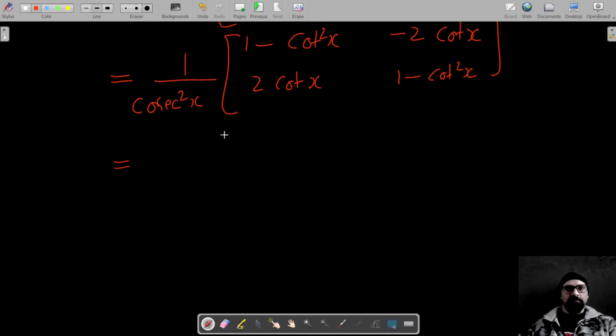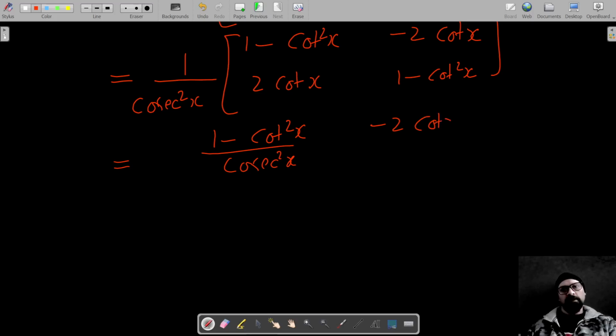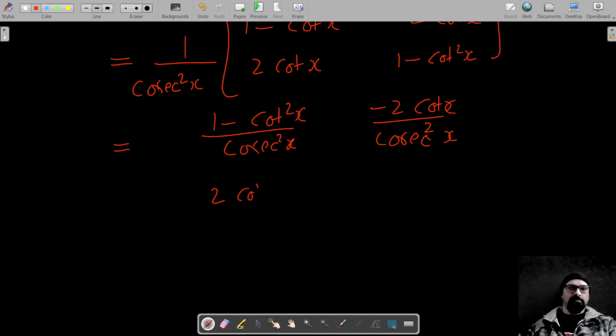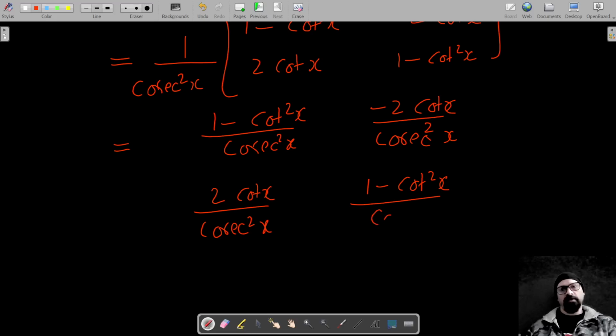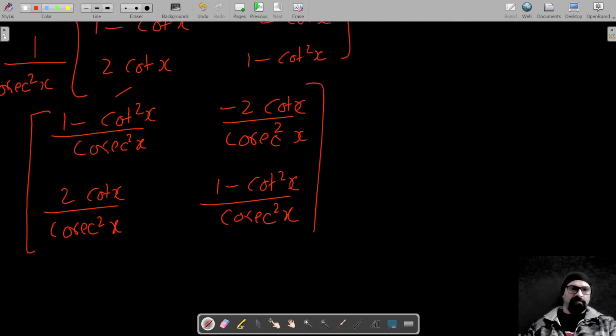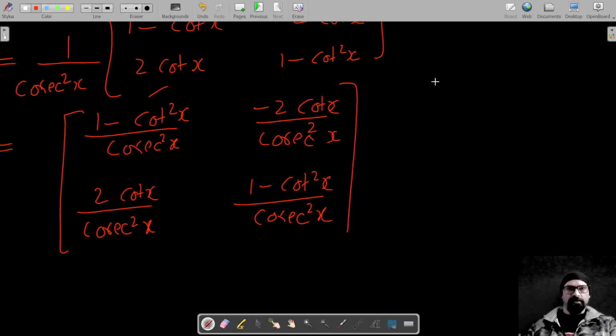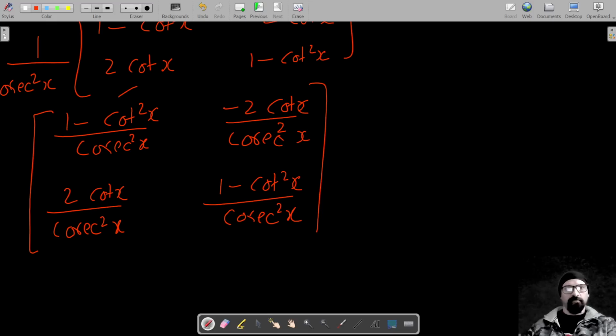So let's try to simplify this. This is 1 minus cot square x upon cosecant square x, minus 2 cot x upon cosecant square x, and 2 cot x upon cosecant square x, and 1 minus cot square x upon cosecant square x. Let's simplify 1 minus cot square x upon cosecant square x.